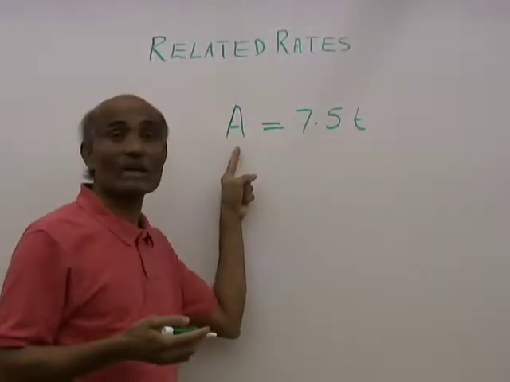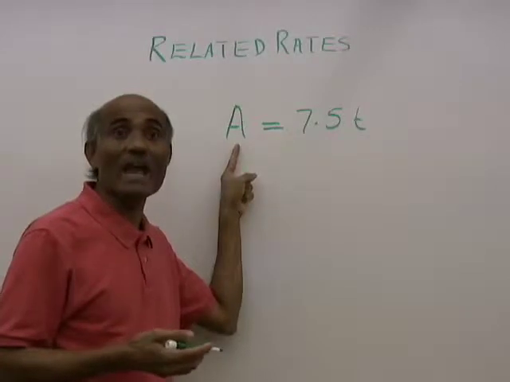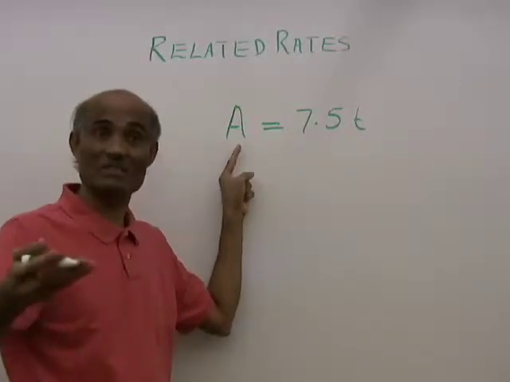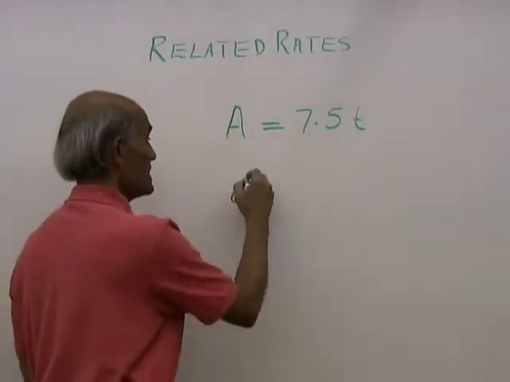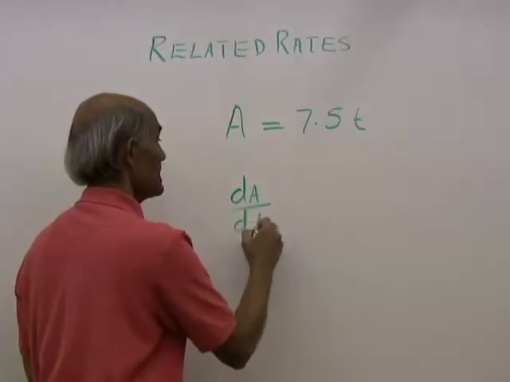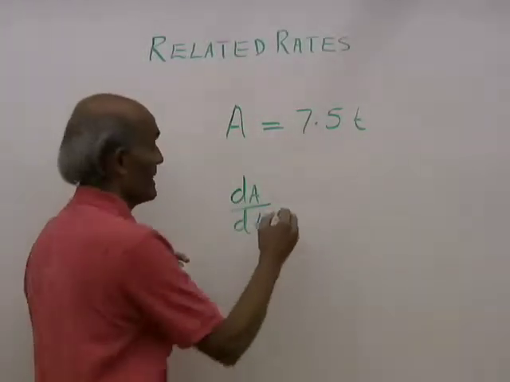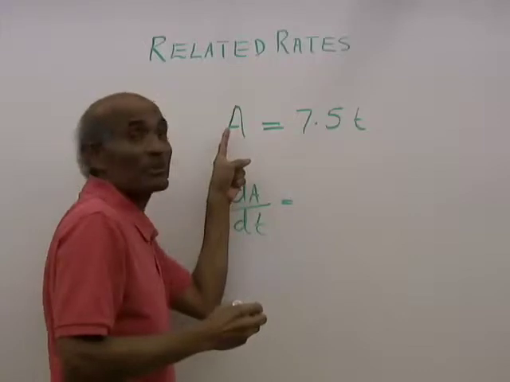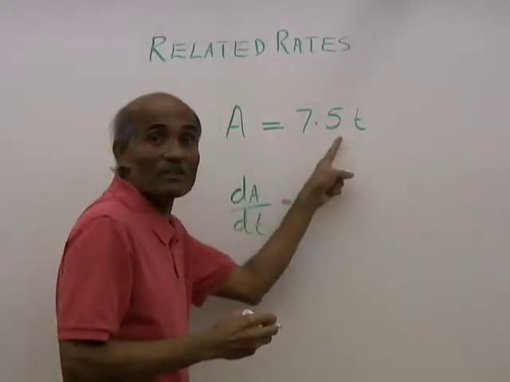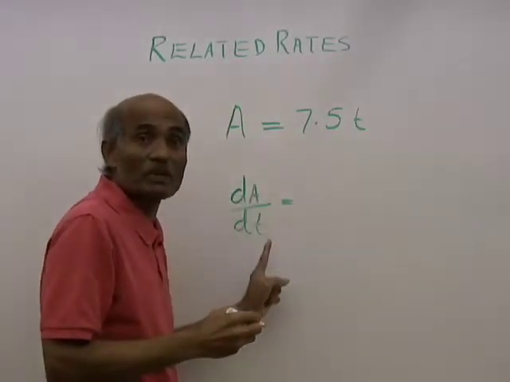So, what is the rate of change of A with respect to t, the time? It is dA by dt. Now, find the derivative of both sides of this equation with respect to t.